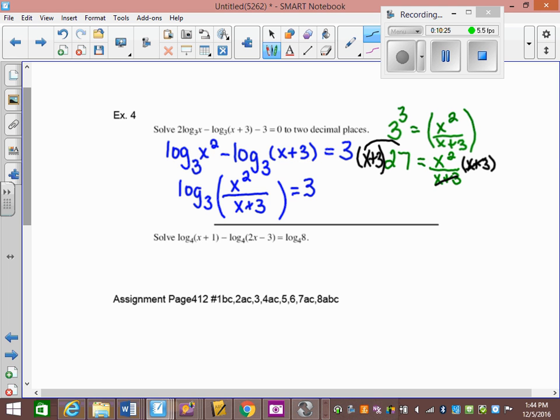So now I'm going to have 27x plus 81 equals x squared. Now I have an x squared. What do I have to do whenever I have an x squared? It should be drilled into your head from grade 11. Move everything to one side, set it equal to 0, and factor or use the quadratic formula. So I'm going to get 0 equals x squared minus 27x minus 81.